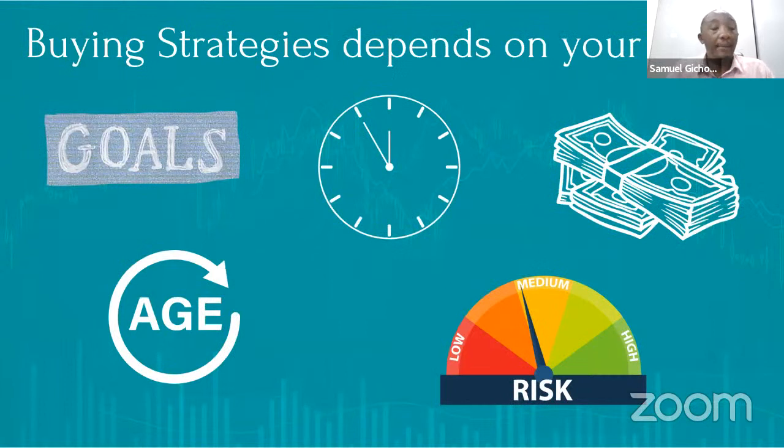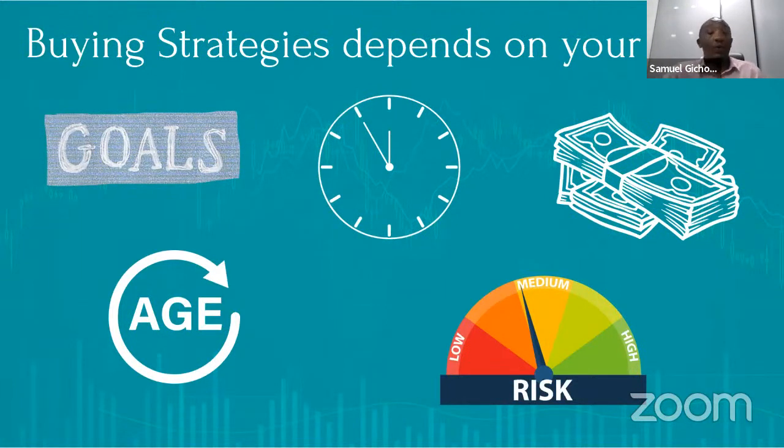Now, in order for you to come up with proper buying strategies, you need to do what we call a risk profile. Now, how does a risk profile work? A risk profile will tell us, based on your age, because when you're younger, it means that you can invest for longer.